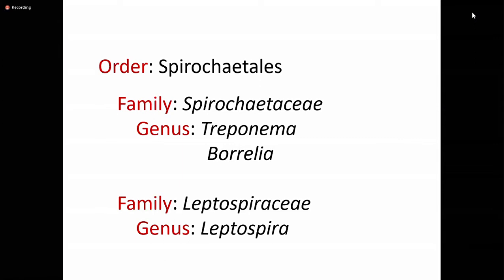Now, the main thing in this group is Treponema pallidum, one of the sexually transmitted diseases. You will study it in more detail later on, but it has three stages: primary stage, secondary stage, third stage.